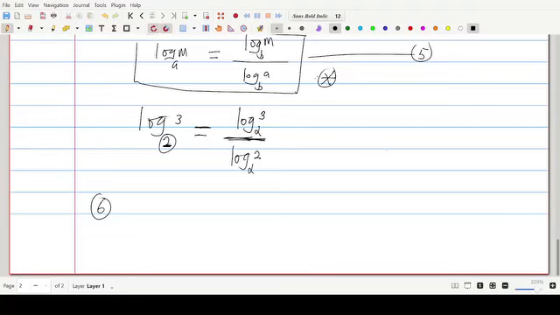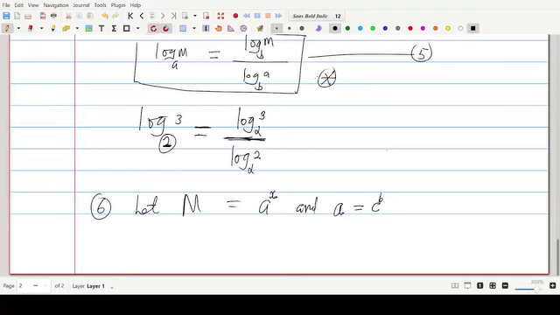Now let us suppose m equals a to the power x and a equals c to the power of b.